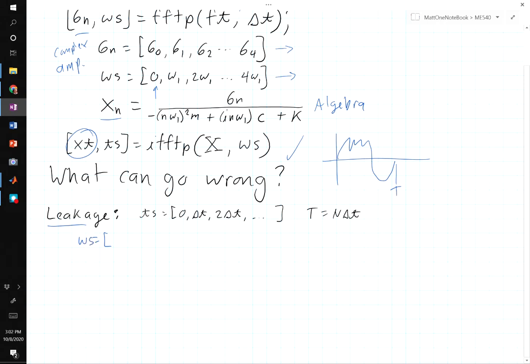We'll get the complex amplitudes at 0 radians per second, omega 1 radians per second, 2 omega 1, up to N over 2 omega 1. And recall that omega 1 is the lowest frequency that can fit within this period, or it's 2 pi over capital T.